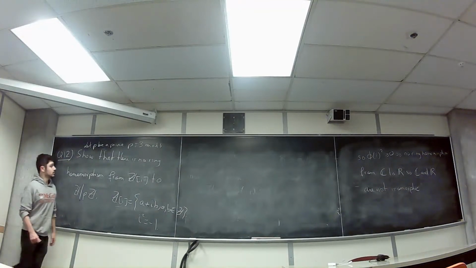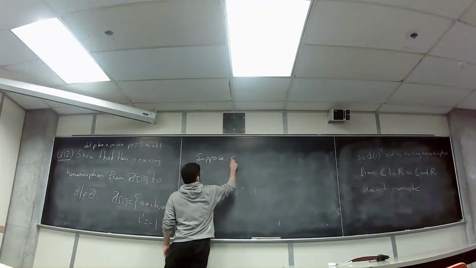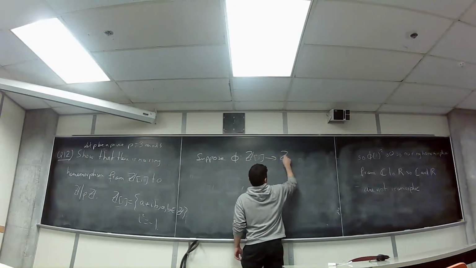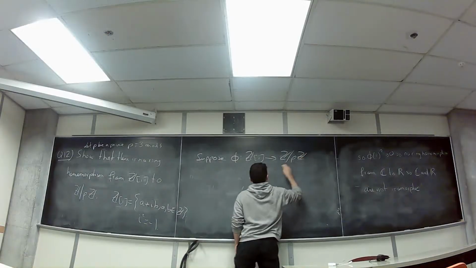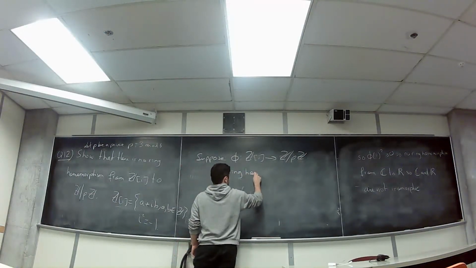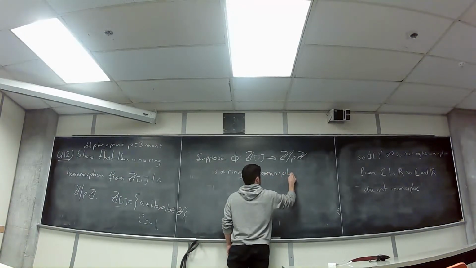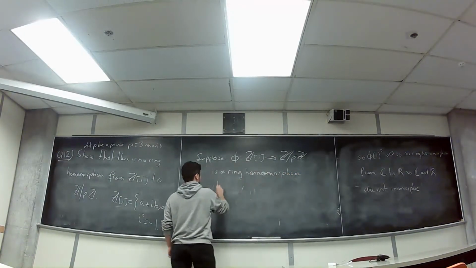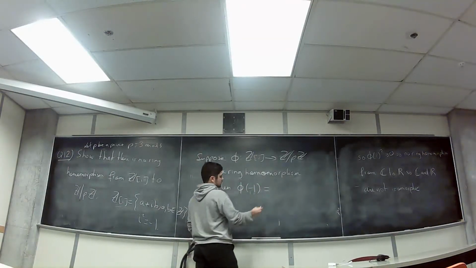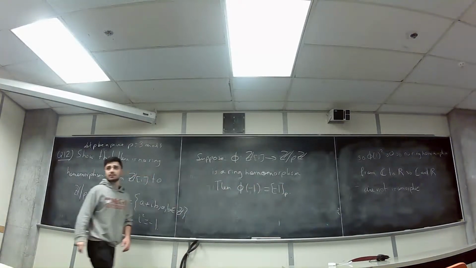Okay, so suppose phi from Z[i] to Z mod pZ is a ring homomorphism. Then phi of minus 1 will just be the class of minus 1 mod p, right? Agree?